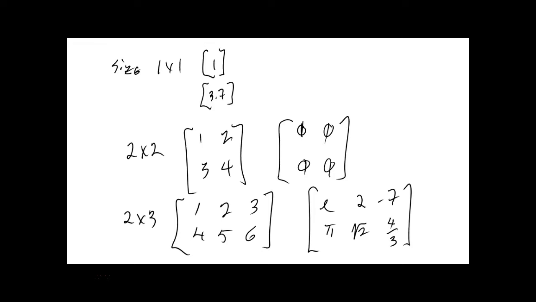This is an irrational number, that's an irrational number, that's an irrational number. That's a positive number, a negative number, positive. You could have fractions, decimals, irrational, rational, it doesn't matter. Those are all legitimate 2 by 3 matrices.